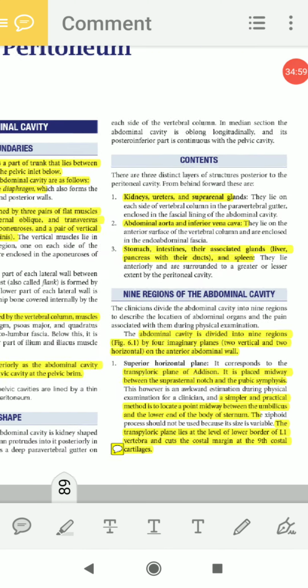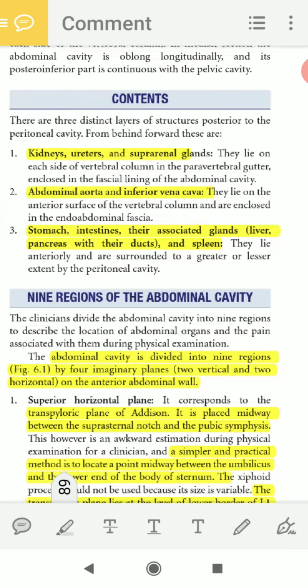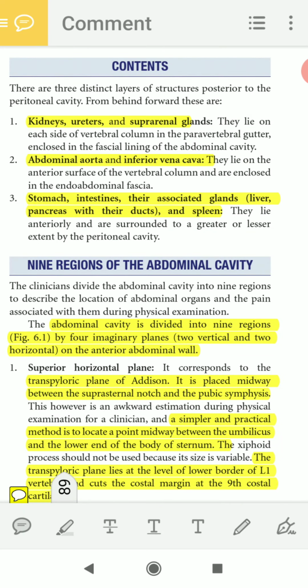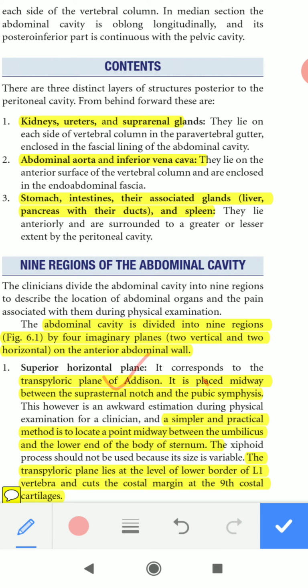Now let's see. We already told you about the superior horizontal line. It is placed midway between the suprasternal notch and pubic symphysis, and the transpyloric plane lies opposite to the lower part of the lumbar 1 vertebra, or you can say the costal margin of the 9th costal cartilage.